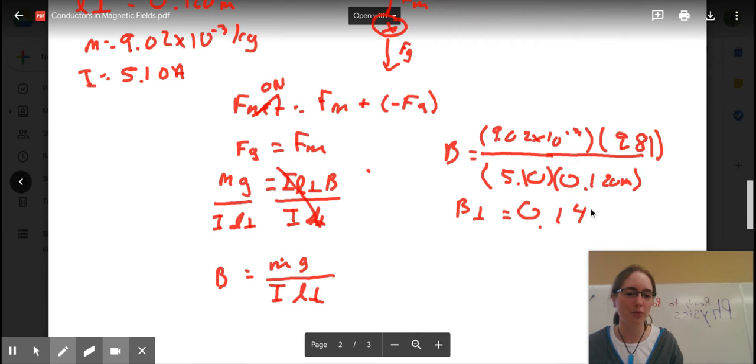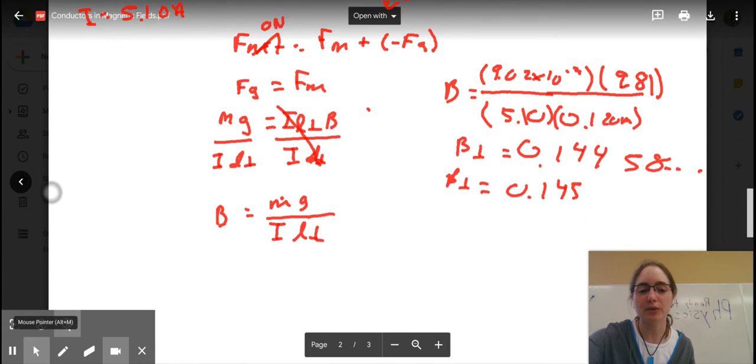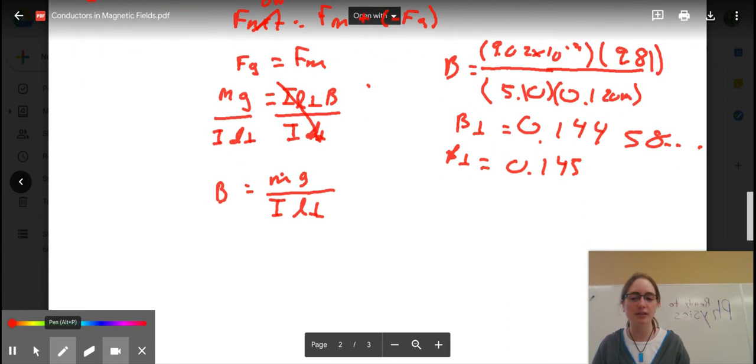0.214458. That's 4 significant digits. Ladies and gentlemen, we want 3. So 0.145 Tesla. I am going to scroll up so I don't have to write on my face.